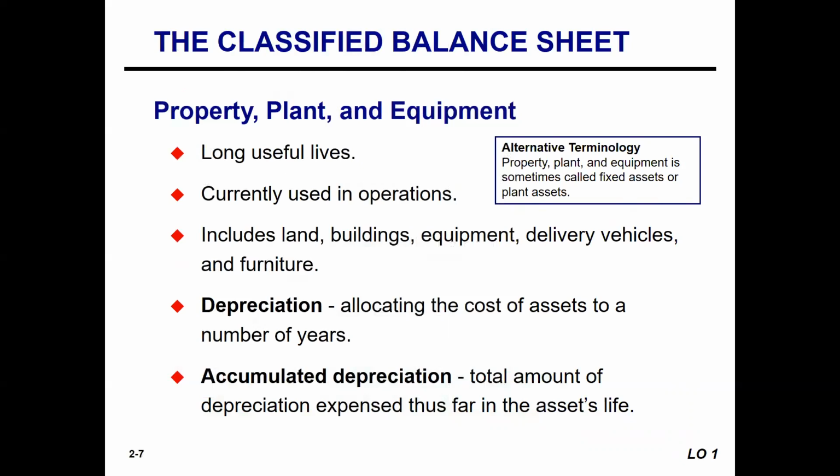That process of spreading the cost is called depreciation. So the word allocation is nothing but spreading. In a subsequent chapter, we're going to go through various methods of depreciation. Accumulated depreciation basically tells you how much you have depreciated the assets so far.